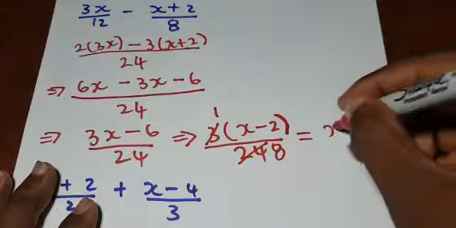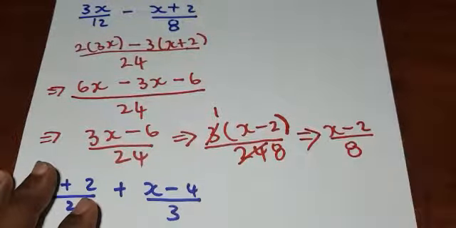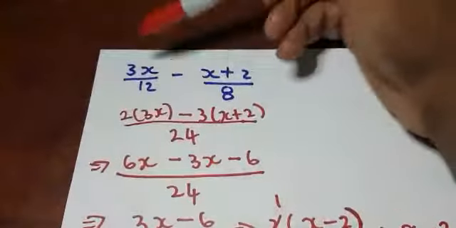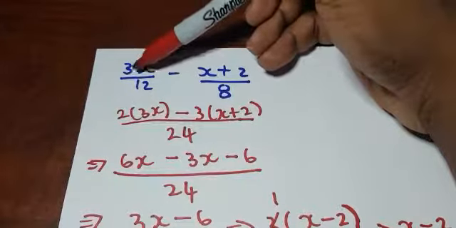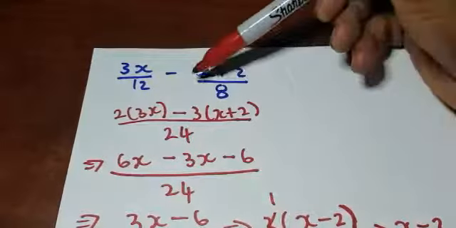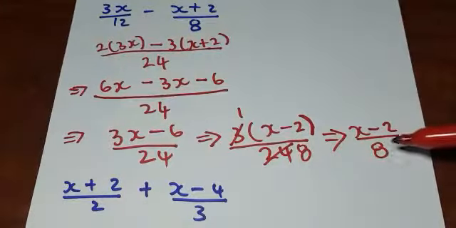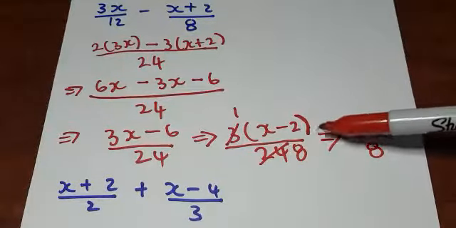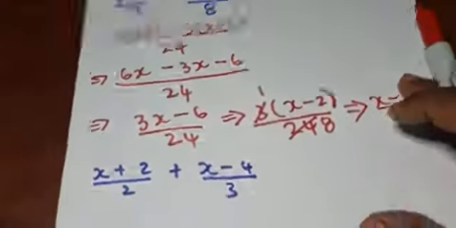And so you would have x minus 2 over 8, right? Now, if you had reduced this fraction from the get-go and had 1 over 4 here, so it'd be x over 4, then you would reach this step sooner. You maybe wouldn't need to factorize because the LCM would have just been 8. Sorry.